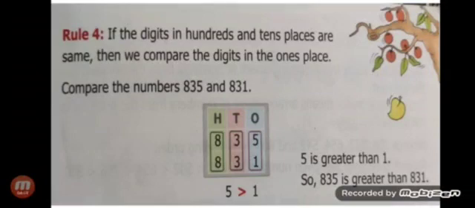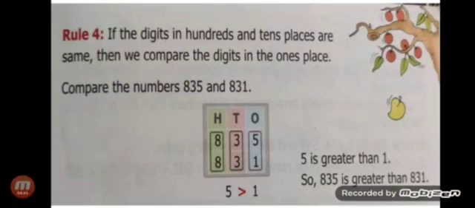So now moving on to the ones place, we have 5 and 1. And you know that 5 is greater than 1. So, the number 835 is greater than 831. I hope that comparison of numbers and the rules we need to follow is clear to you.